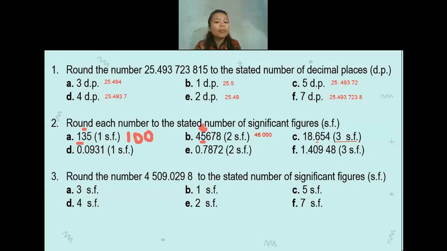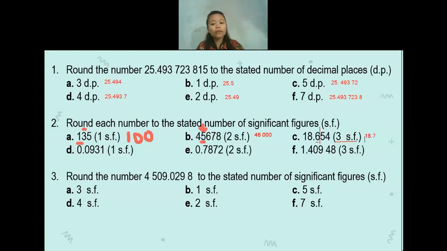Next to 6 is the number 5. When the number to the right of the chosen number is 5 or bigger, we have to increase the chosen number by 1. The chosen number is 6. 6 increased by 1 will be 7. That's why the answer will be 18.7.